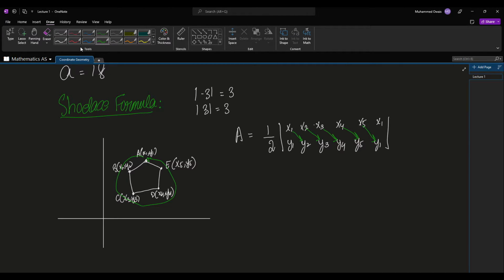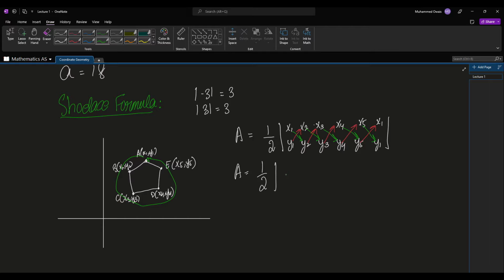Now then, that this is done, we multiply the ones diagonal to y. Diagonal to y1 is x2, so we say y1 into x2. Diagonal to y2 is x3, to y3 is x4, to y4 is x5, and to y5 is x1. Now then, we are going to multiply these. So then 1 over 2. Firstly, I am going to resolve the green ones.